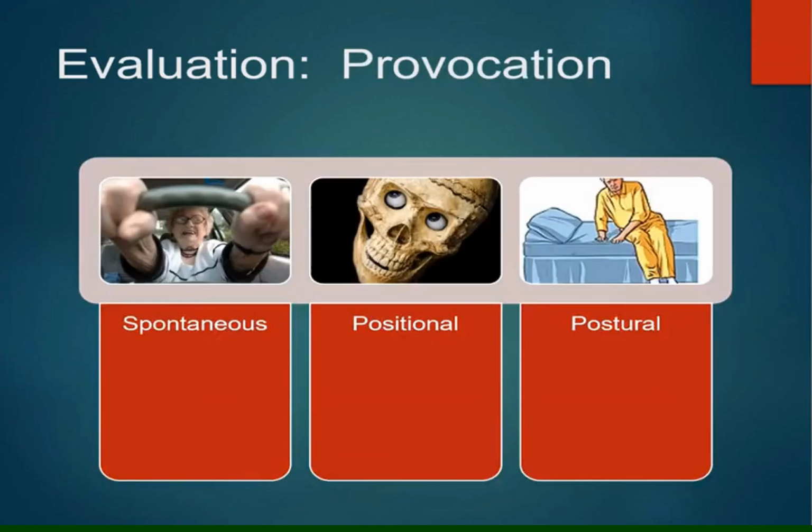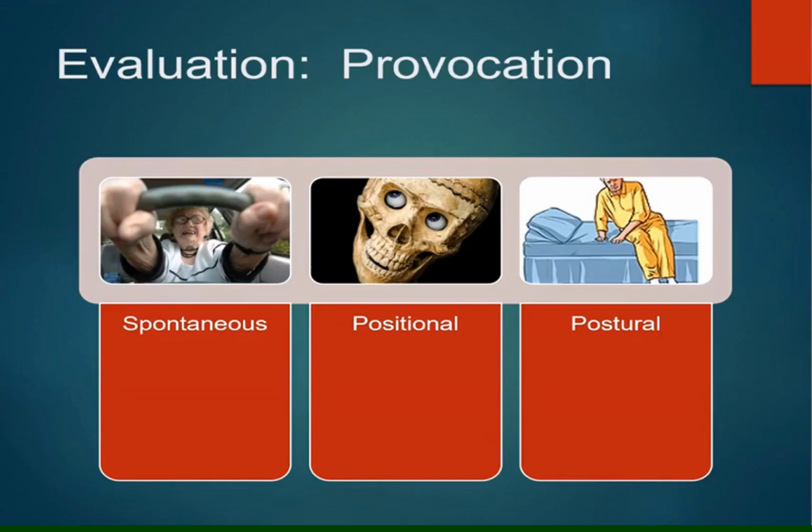The other part of the evaluation is to find out what provokes the dizziness. So spontaneous is, as stated, occurs without any known causes. Some people say, I rolled over on the right side of my bed and the right side of my head, and I started getting dizzy. And every time I do that, I get dizzy. So that's positional. And then also individuals that say, oh, I get up out of bed and I have to sit for a while before I stand up because I feel lightheaded.